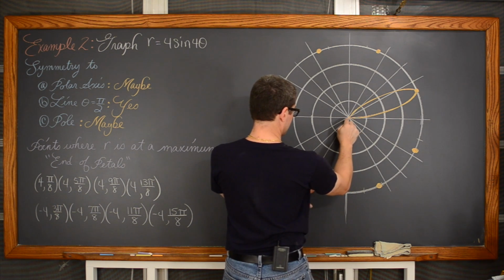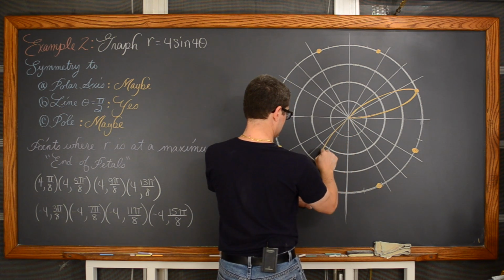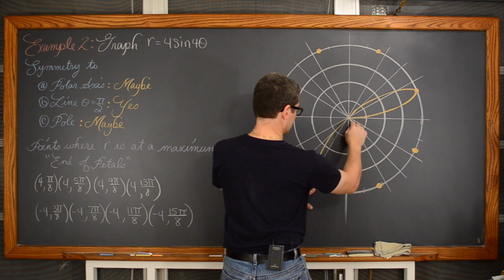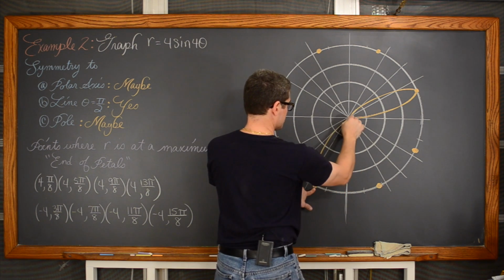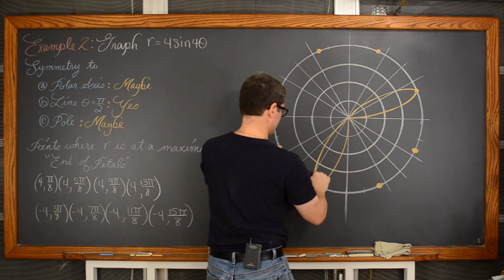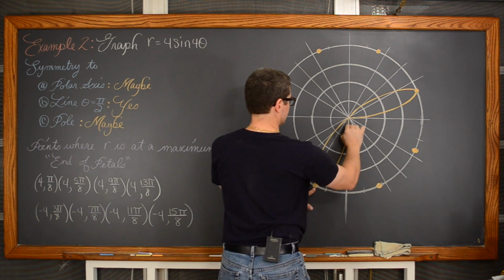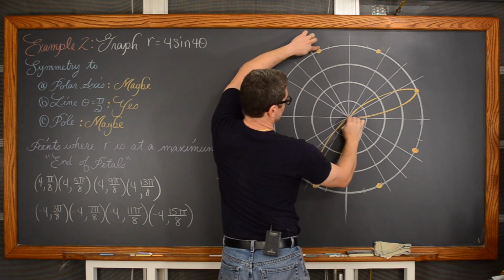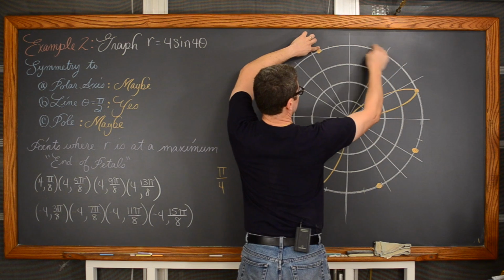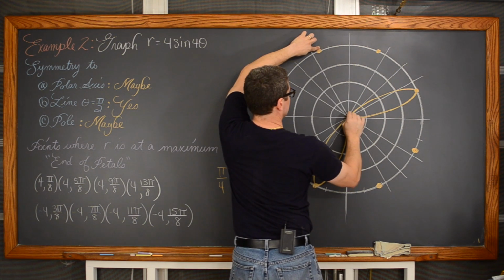Then we're going to look something like this, only we're cycling around this way, right? And then at 5 pi over 8, which is here, I believe, 1, 3, 5, yes. Then we're back to positive 4.